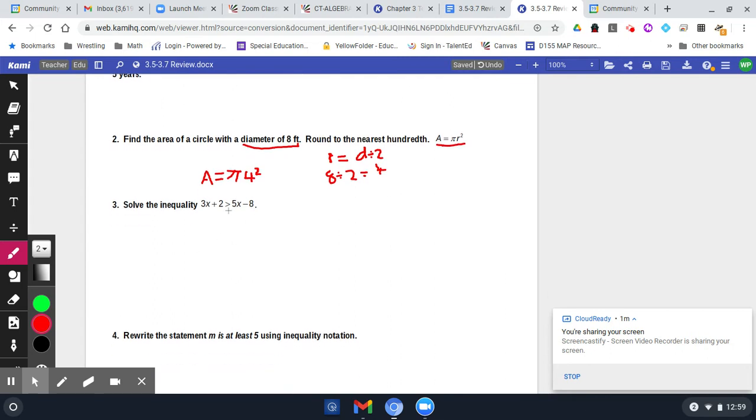Solving inequality, guys, is just moving stuff back and forth. So we're going to go ahead and add our 8 to both sides. We are then left with 3x plus 10 is greater than 5x. Sorry about my writing there, guys. Go ahead and subtract 3x from both sides.